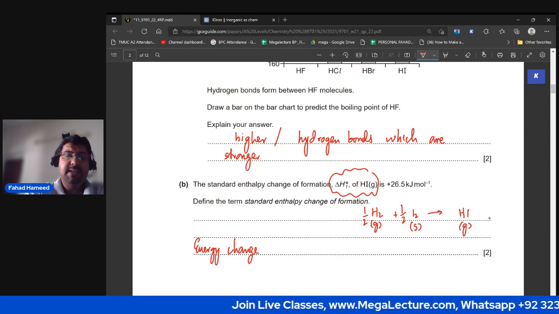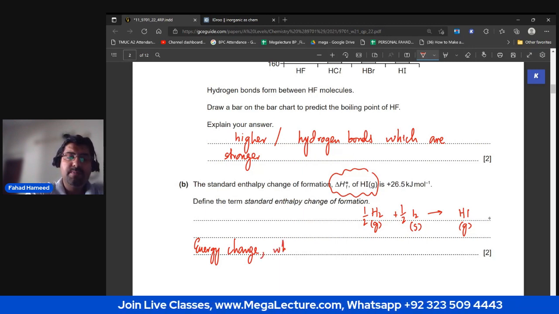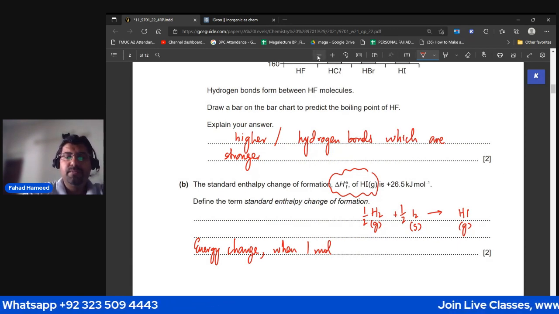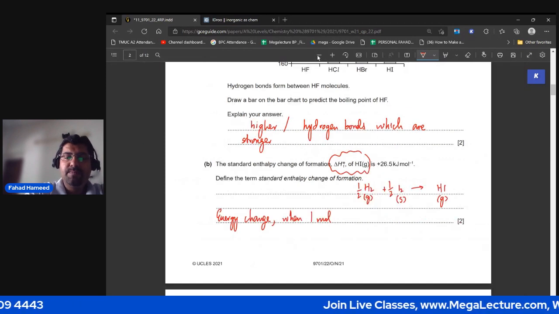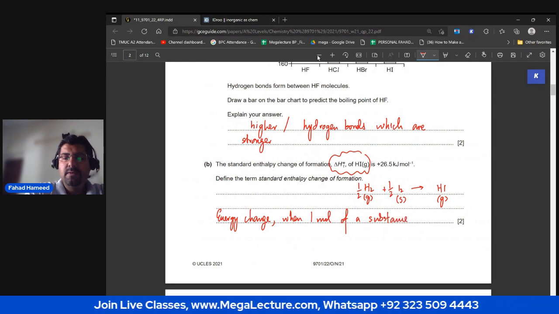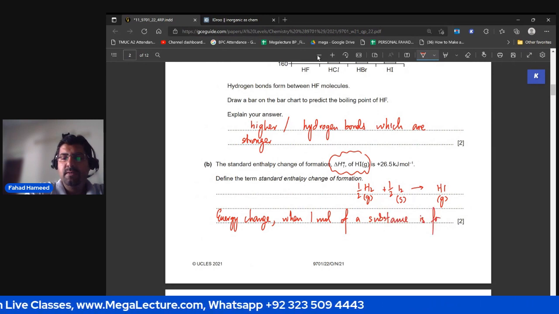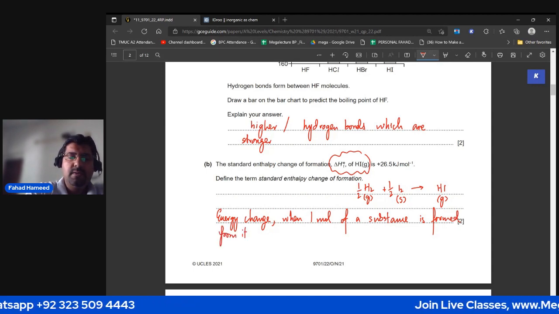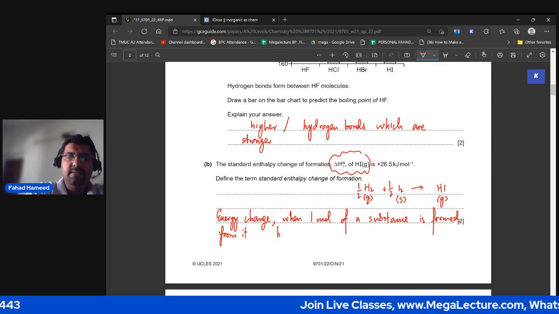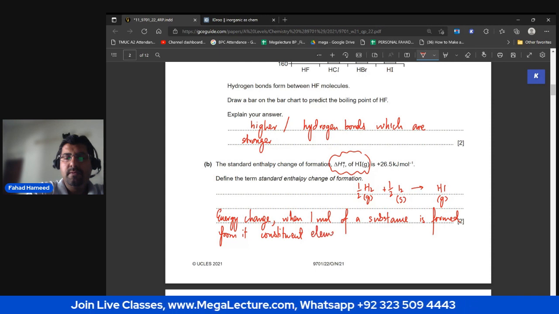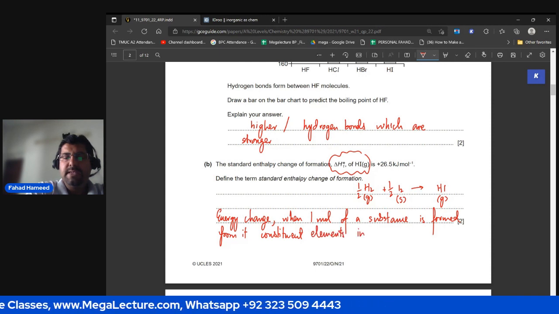So it's the energy change that is associated with when 1 mole of a substance is formed from its constituent elements, or from its elements, which are in their standard states.